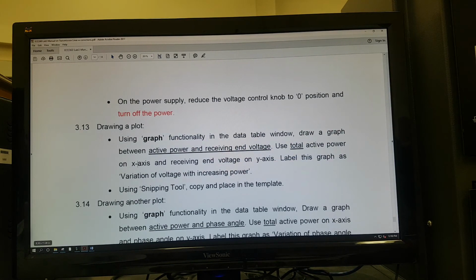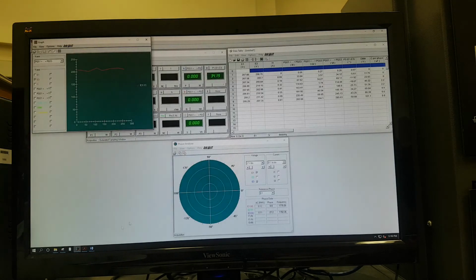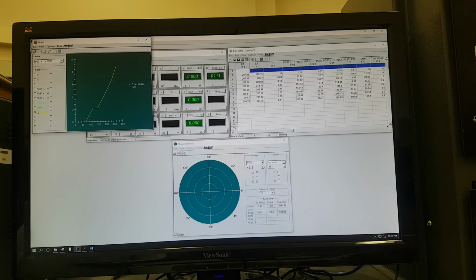The next graph is the same thing, active power versus phase angle. We'll just draw a phase angle, remove this, and this is the phase angle. You can see it is linearly increasing now, and you can compare this graph with the previous graph later.